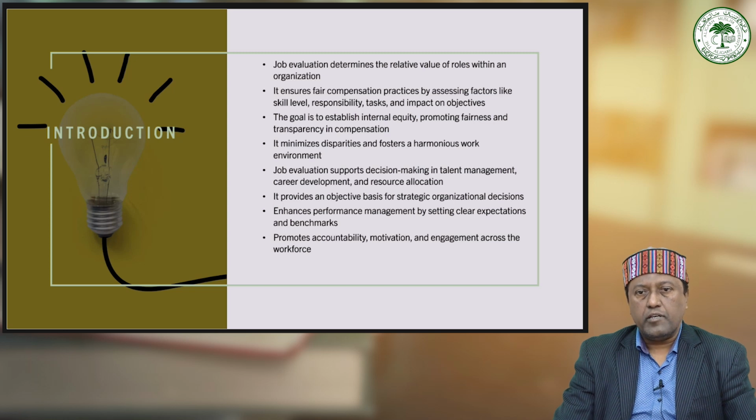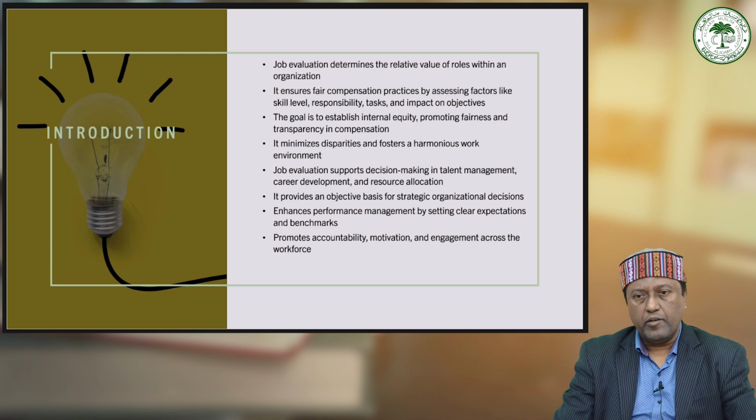This not only fosters a sense of fairness and transparency among employees, but also minimizes the risk of internal disparity and grievances, thereby promoting a harmonious and productive work environment.